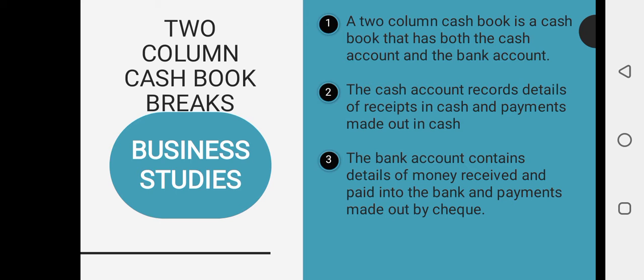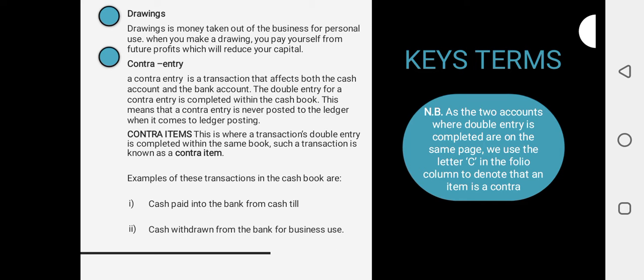Okay, we move to the next part. Now, I want us to look at the key terms that we need to take note of, the first being drawings. What are these drawings? Drawings are not found in a park or at a show. They are found in a business.